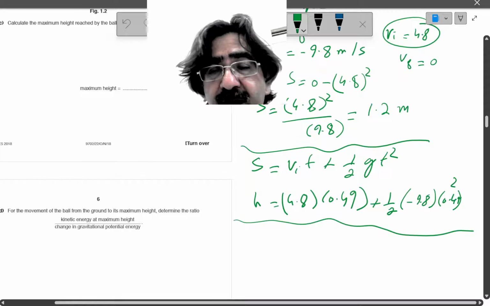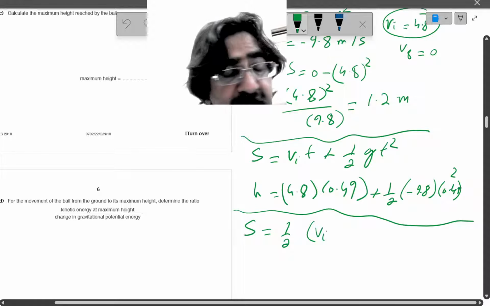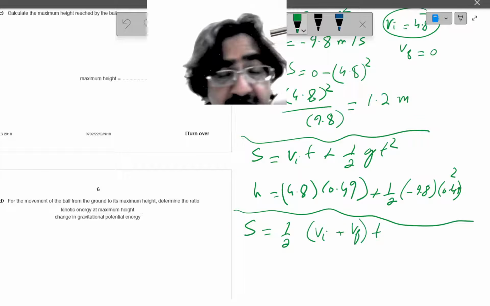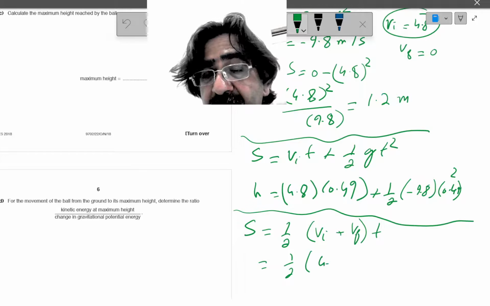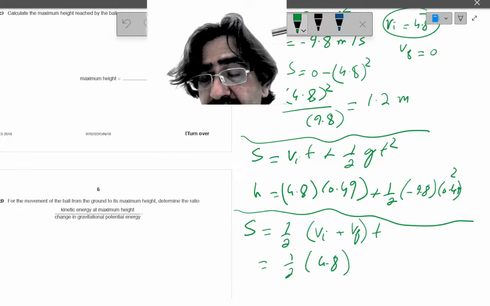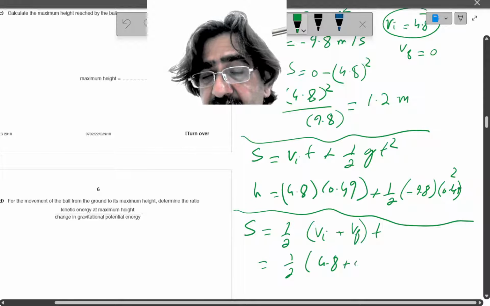If you are interested, you may also use this formula, s equal to 1/2 times the average velocity, vi plus vf, times t. So 1/2, the initial velocity is 4.8, and vf is 0, as we know that the final velocity at the maximum height is 0.